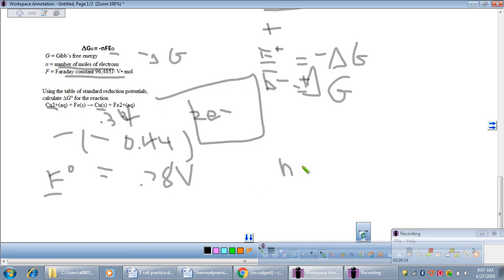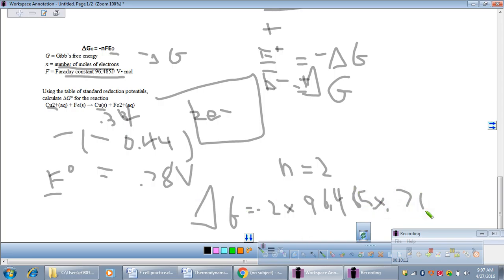Then plug it in, delta G is equal to negative 2 times Faraday's constant, that's a really big number, 96485, and multiply it by our E cell that we just got, 0.78 volts. Well, you don't even have to calculate it to know that this is thermodynamically favorable.